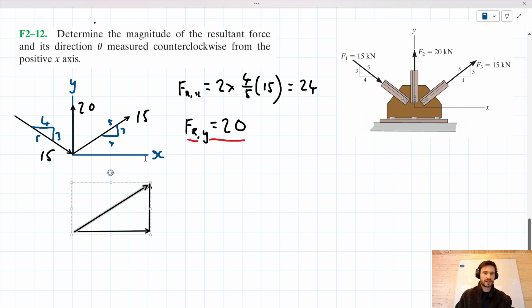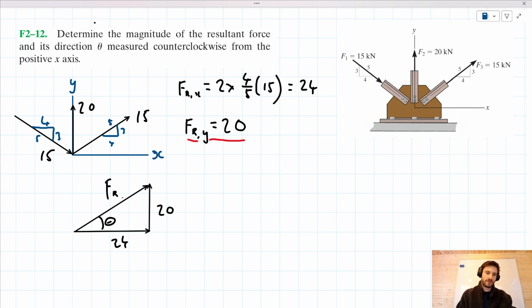Let's label this up. It's got a magnitude, let's call it F_R. What we're being asked to find is this magnitude and this angle, measured counterclockwise on the positive axis. So that will be the angle there.